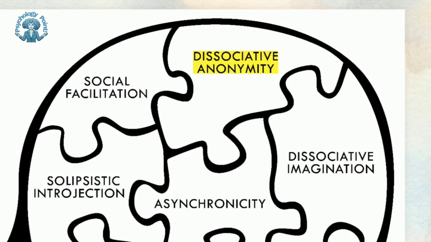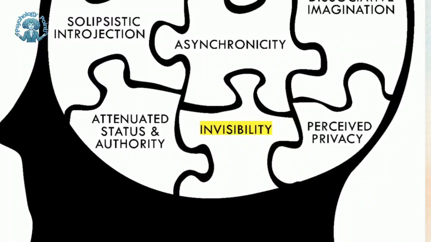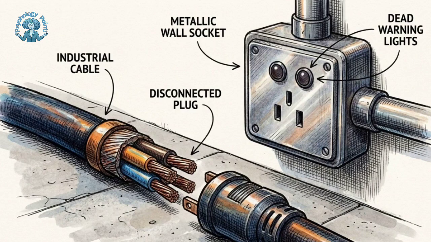It severs online actions from offline consequences that govern the compliant false self. Coupled with invisibility, the lack of physical feedback disables behavioral inhibition entirely. Digital architecture unplugs the false self, removing the physiological friction of the dual motive conflict without altering underlying human nature.